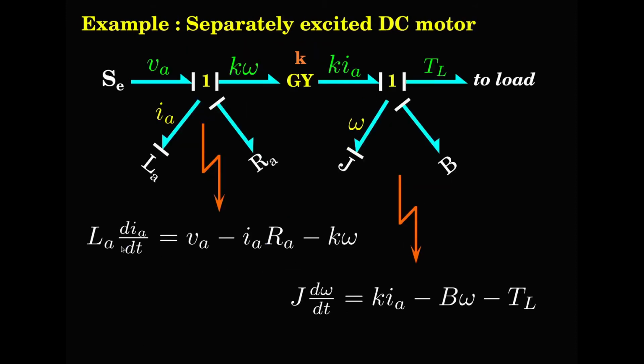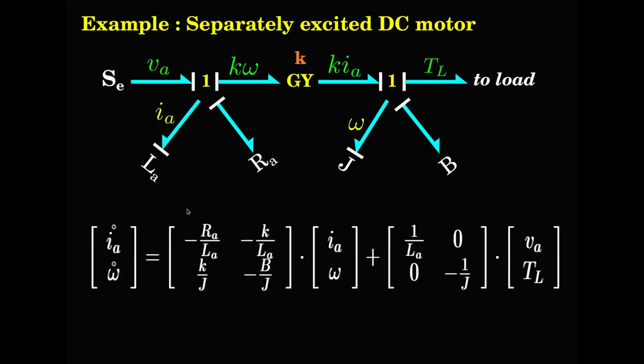We also saw that there are two dynamic equations, one on the electrical side and the other on the mechanical side, J d omega by dt, and on the electrical side, LA dIA by dt. So these two dynamic equations led to this state space model. So you have the state vector comprising the armature current IA and the mechanical speed in radians per second. So this is the A matrix and this is the B matrix.